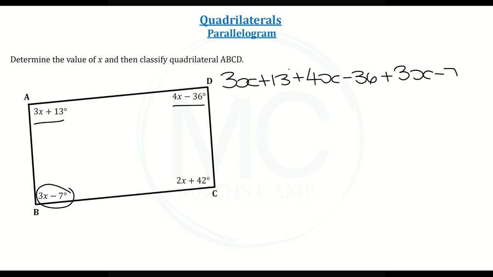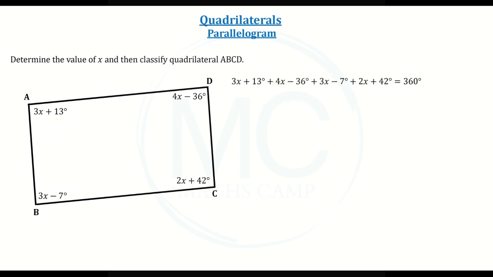And angle C, 2x plus 42. I'm going to write it down here. Plus 2x plus 42 degrees is equal to 360 degrees.